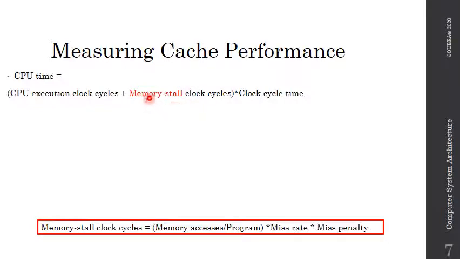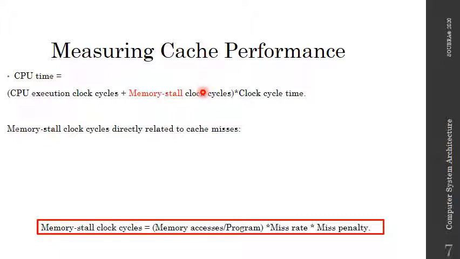We tried to break down the memory stalls into different things, starting with everything related to cache misses, since we're focusing on the cache here. Naturally, if I'm fetching something from the main memory, I look for it first in the cache, and this is the whole point of the cache, because it should speed things up.